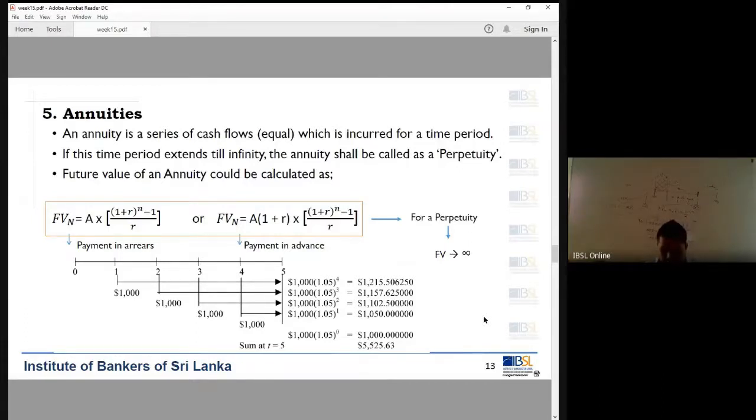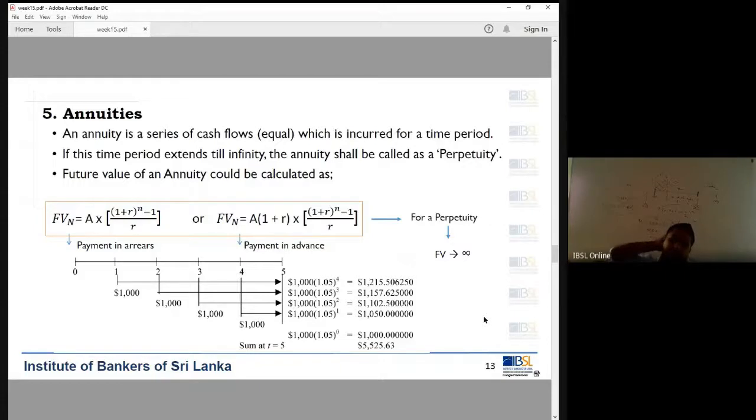I repeat the calculation: 1.05, give me a second, 0.05, multiplied by 1000, yes, that's correct, 5525. So this is one form of future value calculation for an annuity.